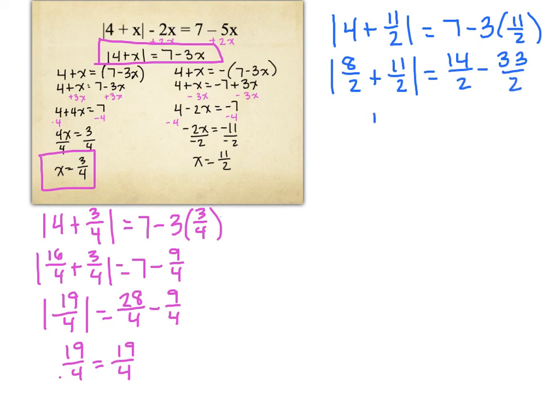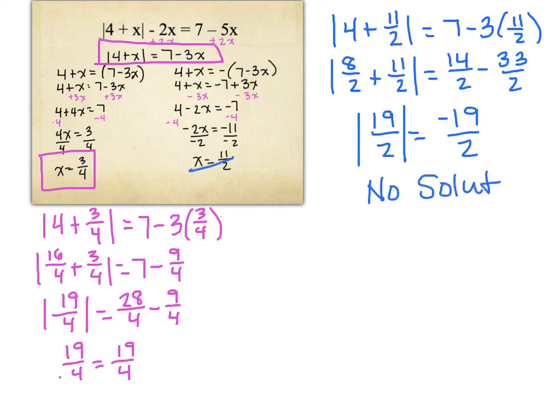So here I get 19 halves equals, and that's absolute value, negative 19 halves. Well, 19 halves does not equal negative 19 halves. So this particular one is no solution.